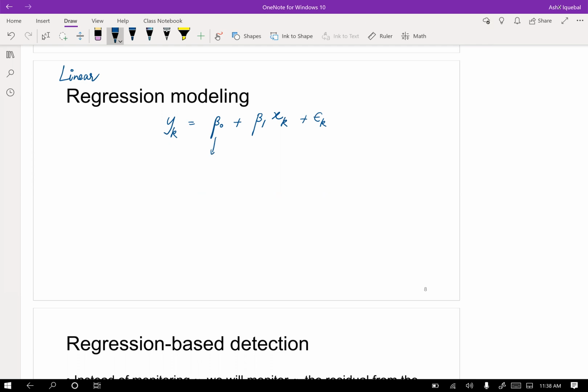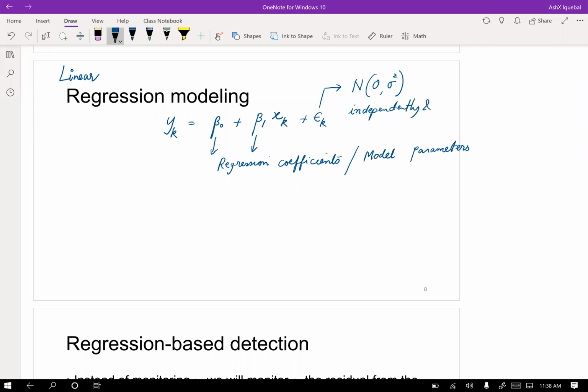Now, beta 0 and beta 1, these are called regression coefficients, or these are also known as model parameters, right? And epsilon k is your error, and this is always normally distributed with mean 0 and variance sigma square. And we also assume that the error is independently and identically distributed.